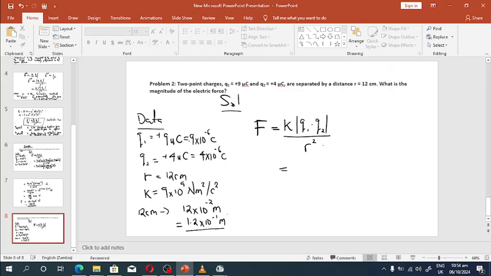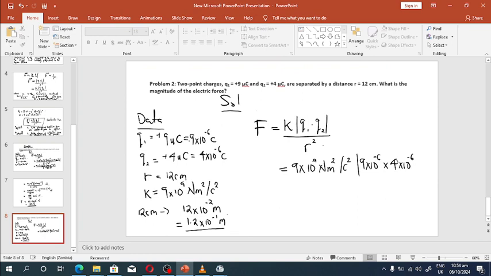So we have Coulomb's constant, 9 times 10 to the power 9. We'll write the units so that we are mindful. Multiply by 9 times 10 to the power negative 6, multiply by 4 times 10 to the power negative 6.